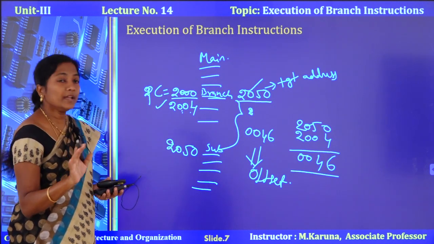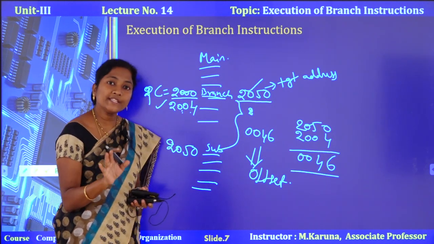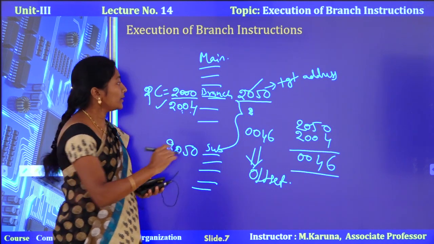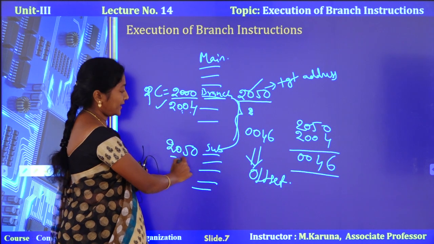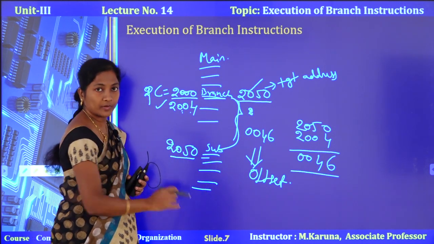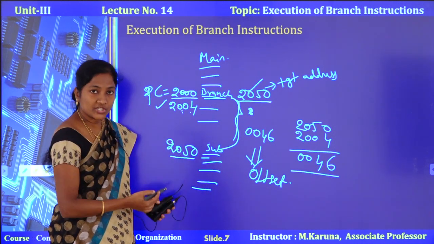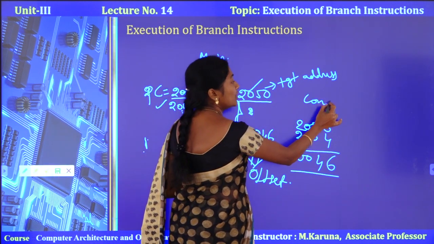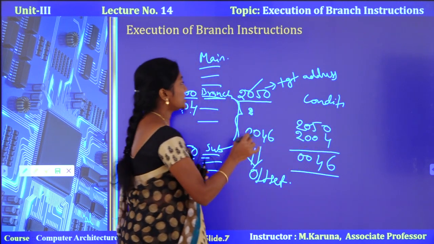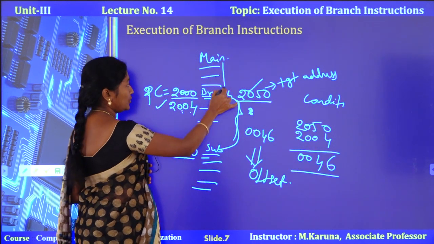Now, here the branch may be conditional or unconditional. Whenever a branch occurs, it will simply jump to the specified address and execute that subprogram. This is an unconditional branch. A conditional branch is also present, based on the previous program output.